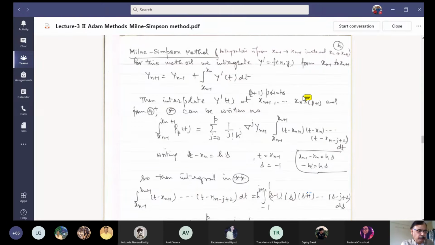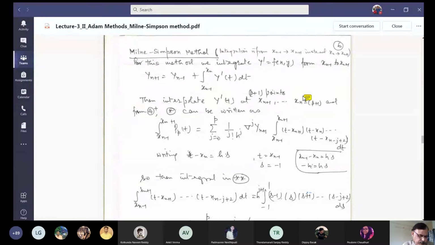And for the Adams-Moulton method, we have taken xn plus 1 to xn minus p minus 1, which means in totality p plus 1 points were there, and then y prime was approximated using Newton's backward formula. And then with a simple substitution, we have seen a nice form.